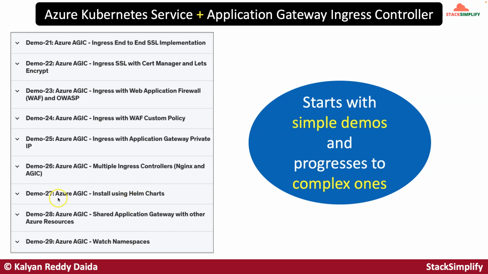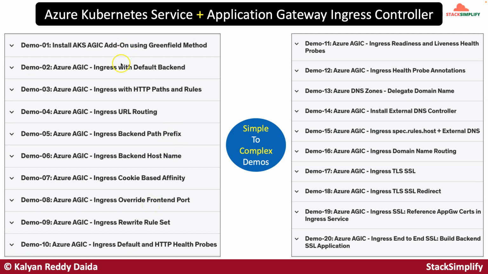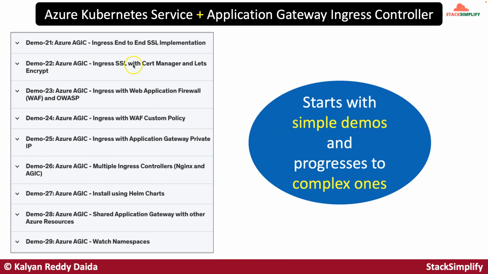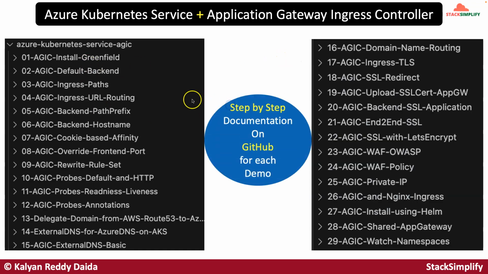By the time we reach 27, 28, 29, these are complex implementations which we have simplified with step-by-step documentation and with architectural diagrams, but we have arranged the content in such a way that we will start with simple demos and slowly progress on implementing complex things by learning step by step. And for every demo, we are going to have a GitHub step-by-step documentation.